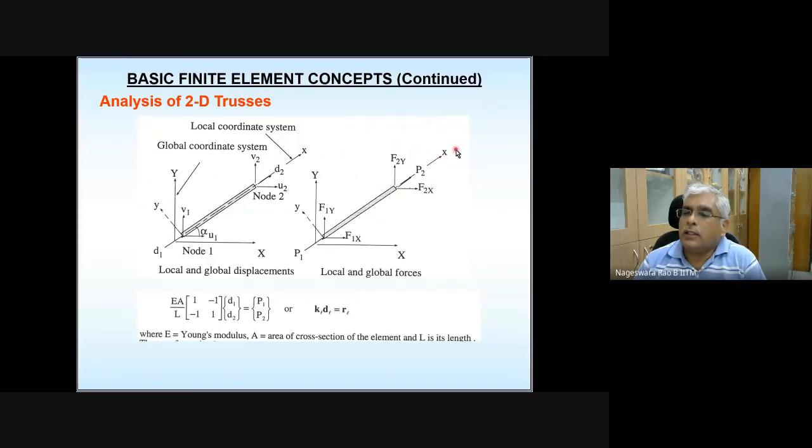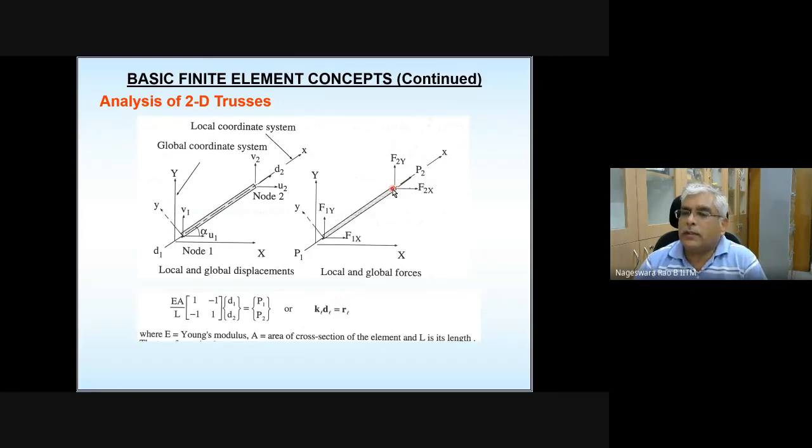Whatever F1, F2 in the previous figure, that is replaced with P1, P2. P1 is the load which is acting in the axial direction at node 1. P2 is the load which is acting in the axial direction of x at node 2.